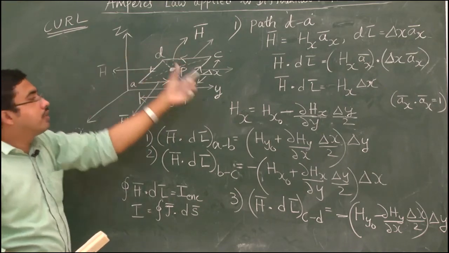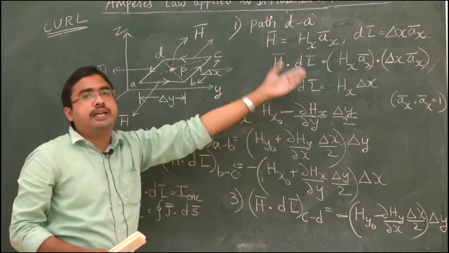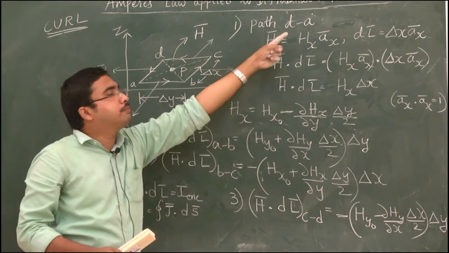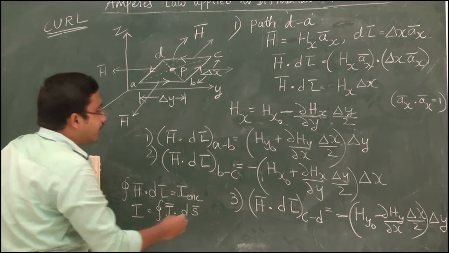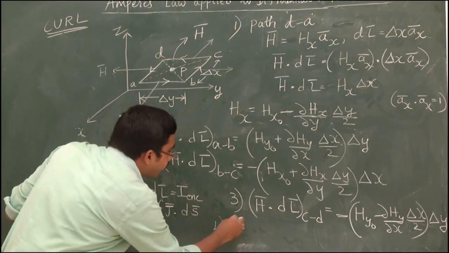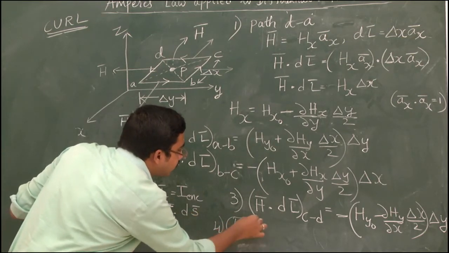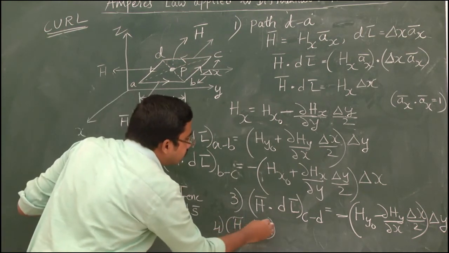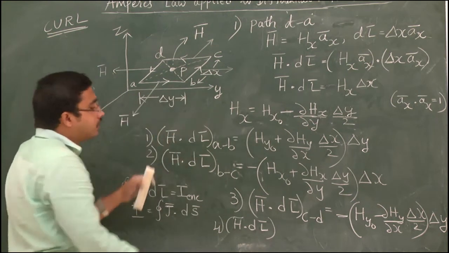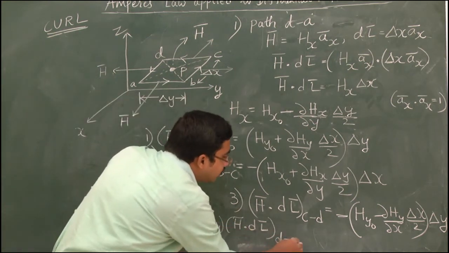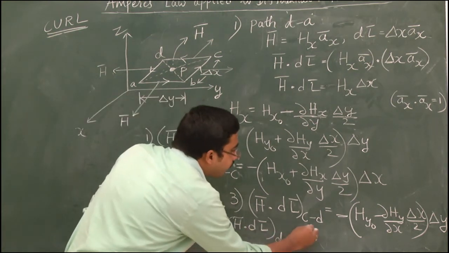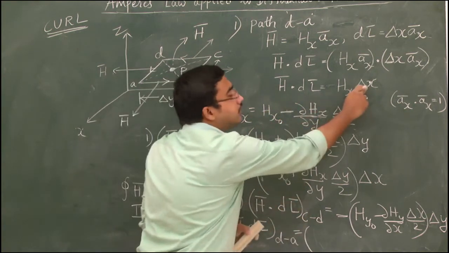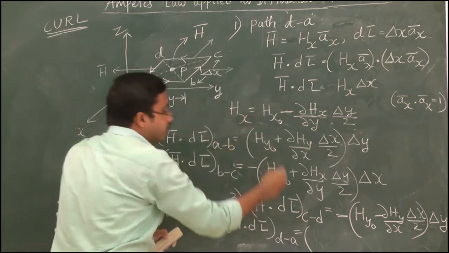So if I am calculating complete h bar dot dl bar for this path DA, then that can be written as h bar dot dl bar due to this path DA is, what is the formula? Hx into delta x. What is hx?